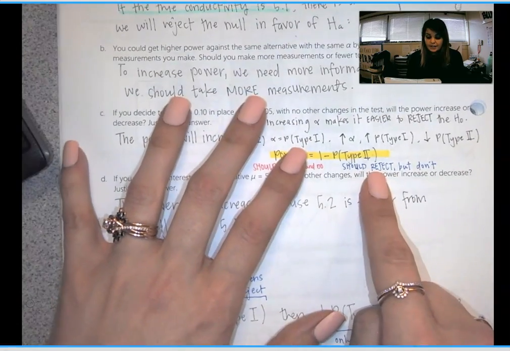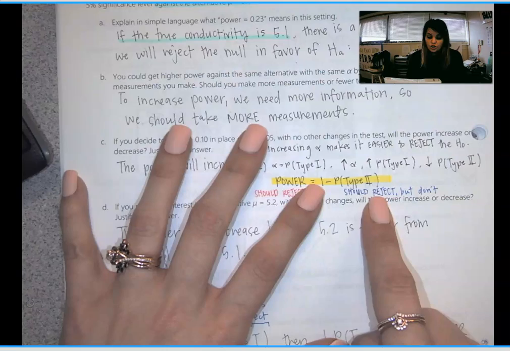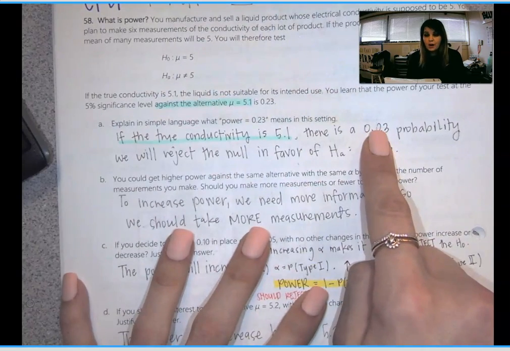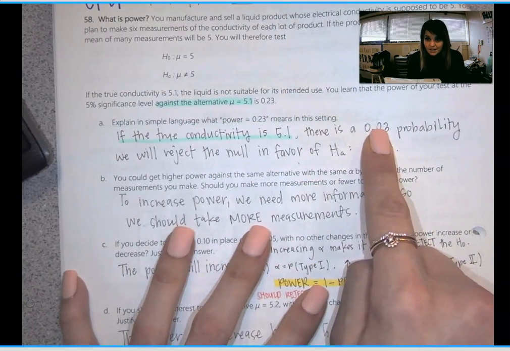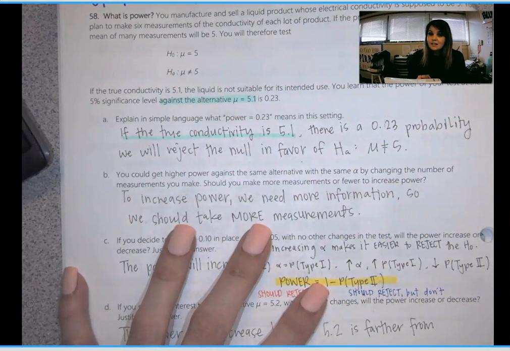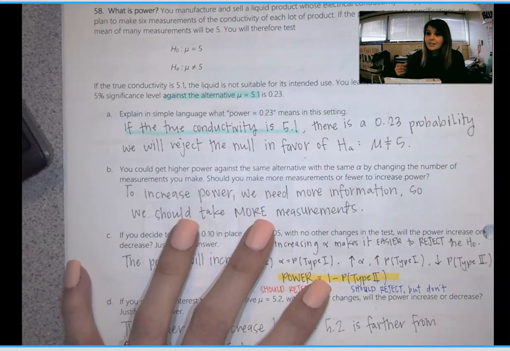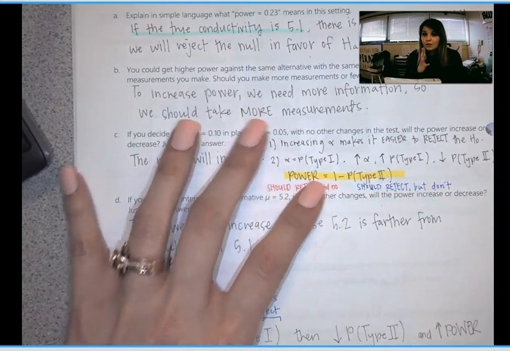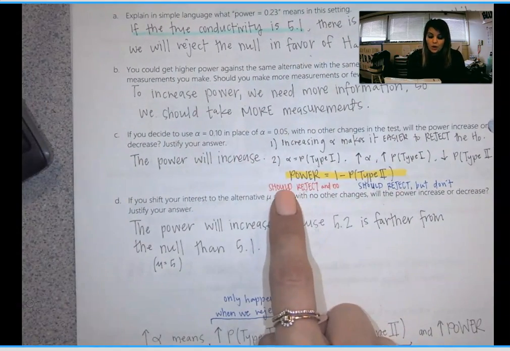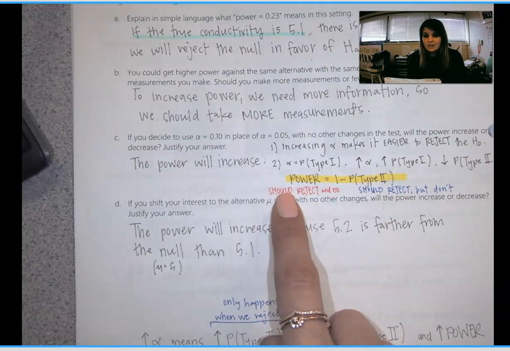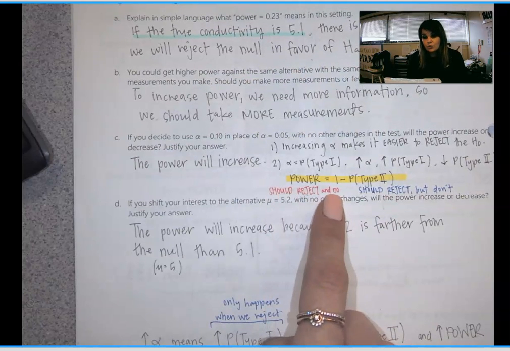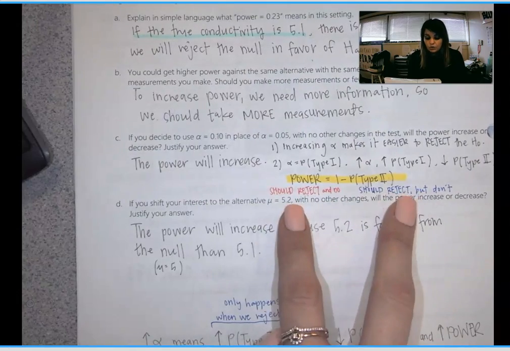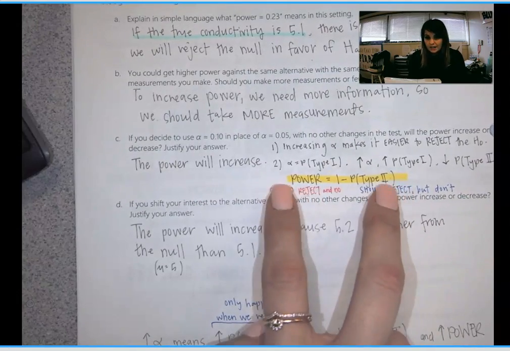So the chance that we fail to reject when we should, for this problem, is 77%. The other part of that is the 23% chance that we should reject and actually do. So these two things are related in this way.